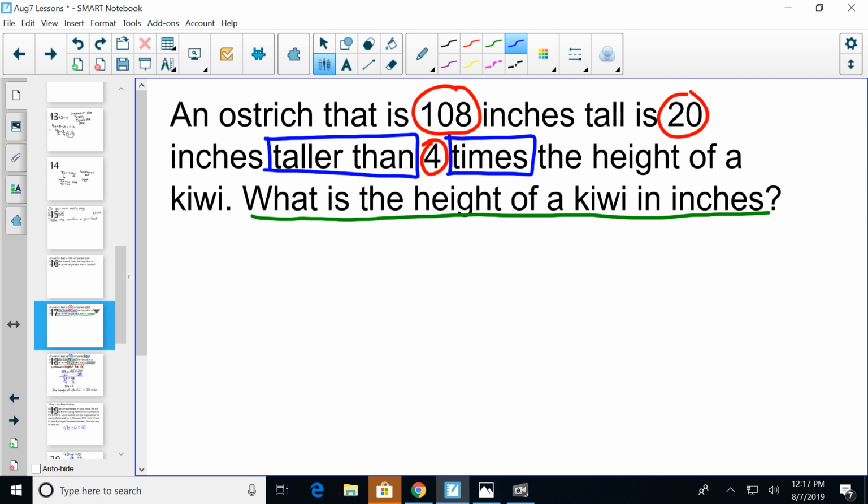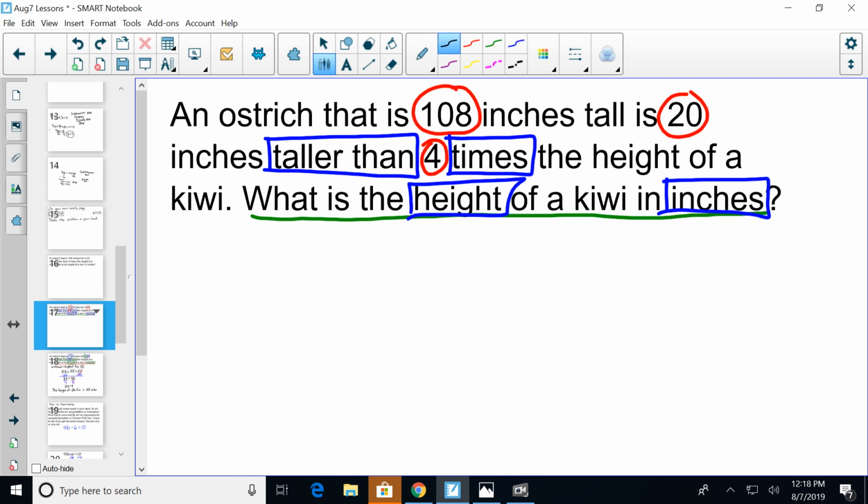What else? We got height. Anything else? No? All right. We'll come back to that.